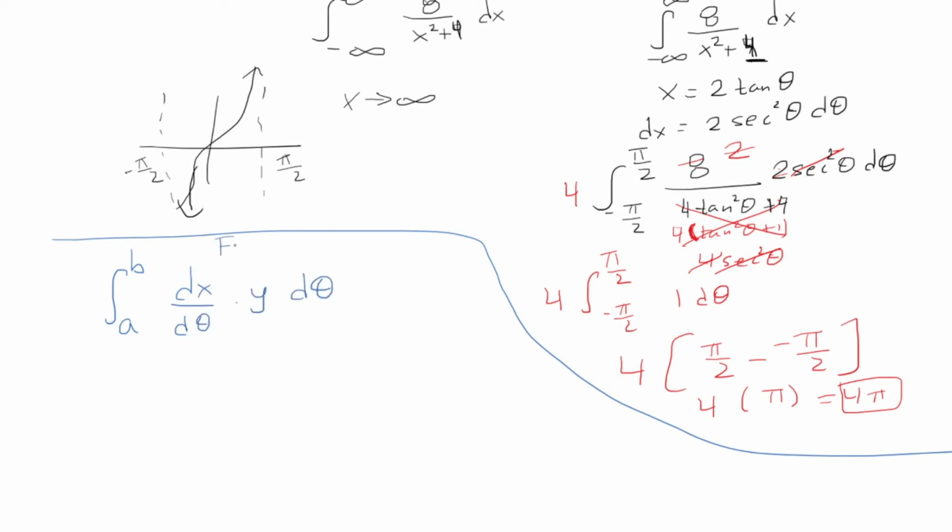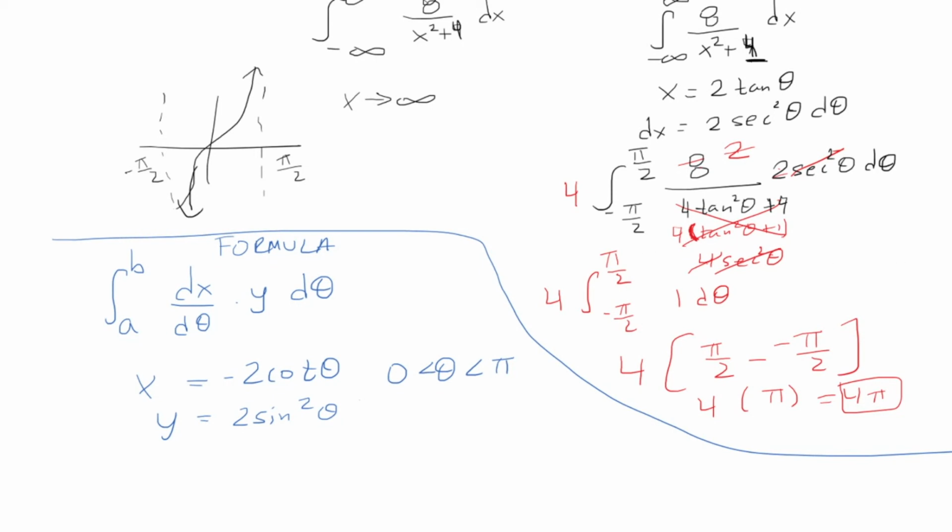This is the formula that we need. I don't have to rewrite this in terms of x and y. Okay, so let me remind you, x was negative 2 cotangent theta, y was 2 sine squared theta, and here theta is between 0 and pi.